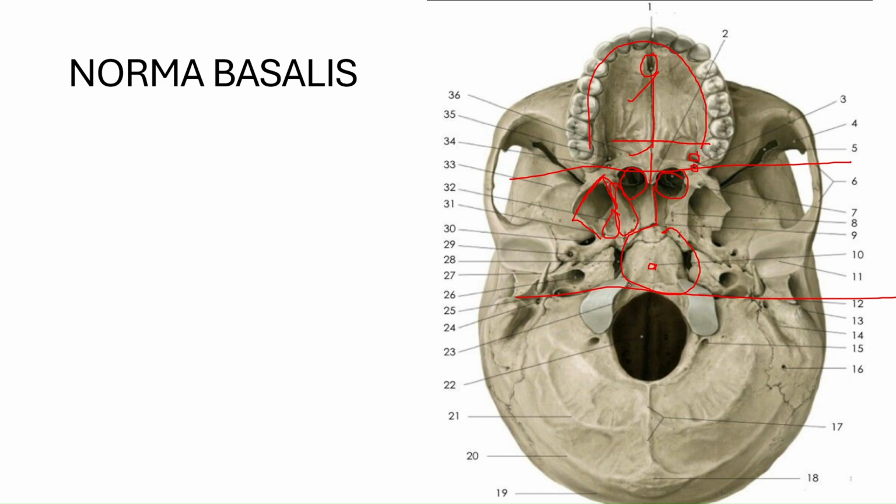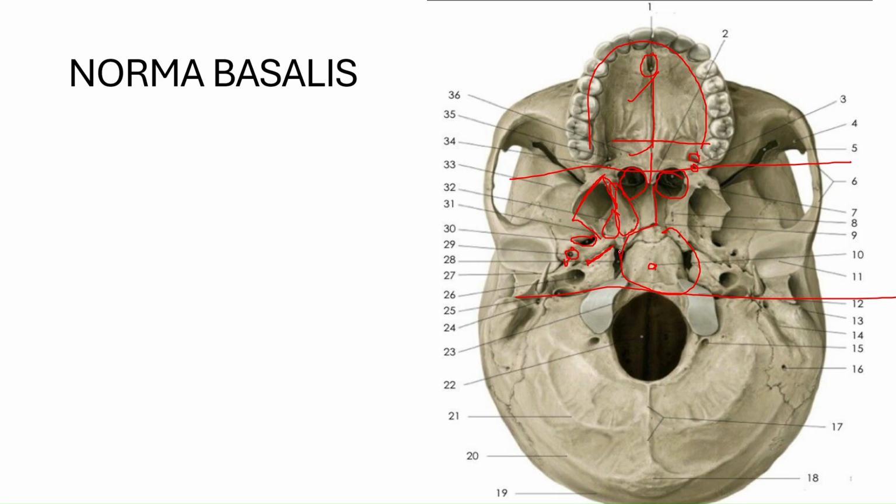Now coming to the foramina, which we see here in the lateral part, are the foramen ovale, the foramen spinosum, and just posterior to it you will see the spine of sphenoid. This area is the sulcus tubae between the petrous temporal bone and the greater wing of sphenoid.